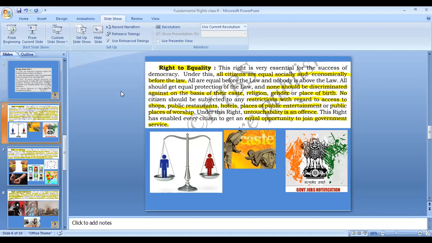This right is very essential for the success of democracy. Under this, all citizens are equal socially and economically before the law.